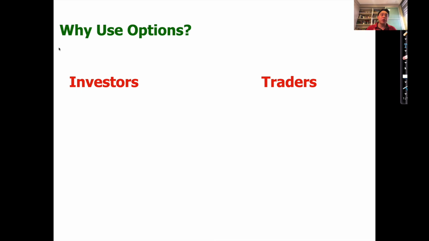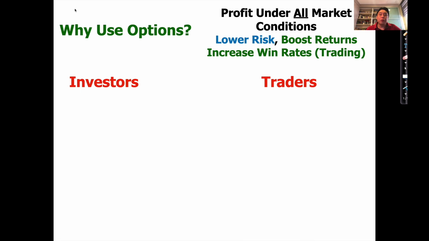Or some of you may be short-term swing traders, and you may have taken my professional stock trading course. So whether you are an investor or trader, options will help you to profit under all market conditions. So whether the market goes up bullish, goes down bearish, goes sideways neutral, goes in circles, with options, there's a way to profit under any market scenario.